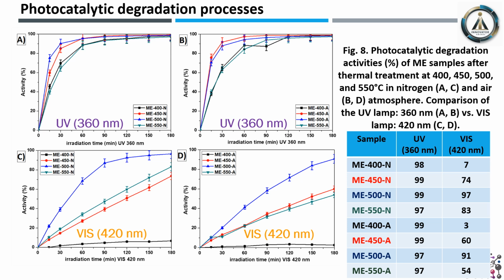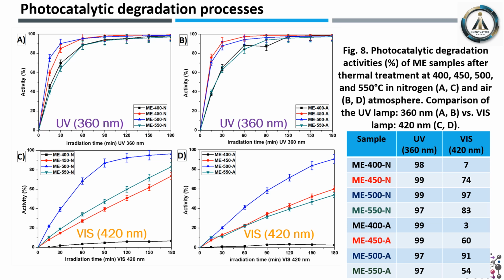And the sample heated at 500 degrees that represented melon, that two phases, and was heat treated in nitrogen atmosphere, revealed 75% activity after 15 minutes under UV light and 22% under visible light respectively.